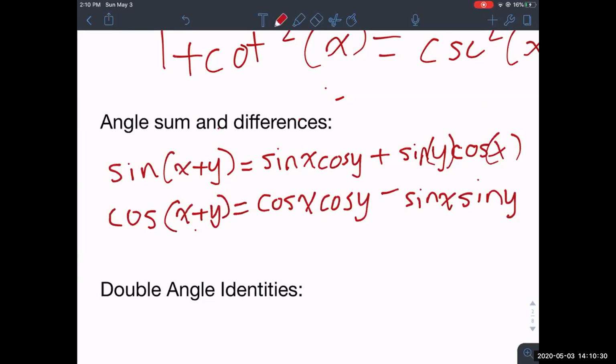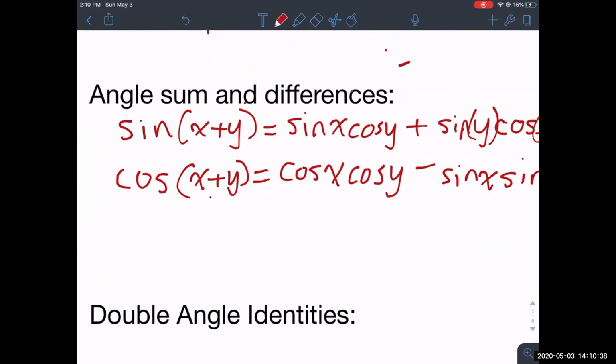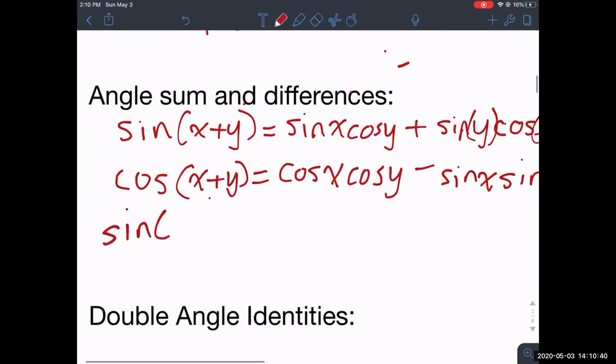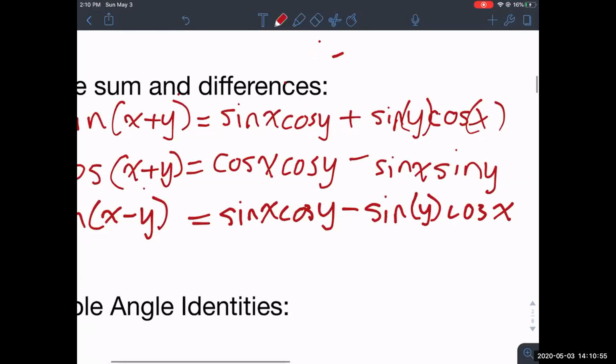Now for angle differences, hold on, let me shrink this because I don't have enough room. Sine of x minus y is sine x cosine y minus sine y cosine x.